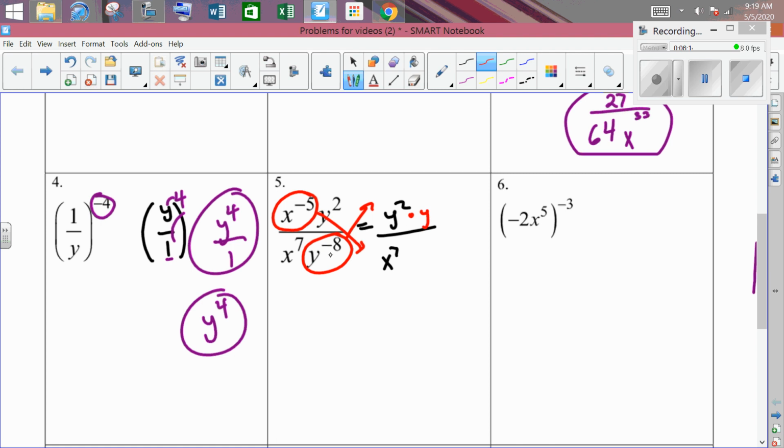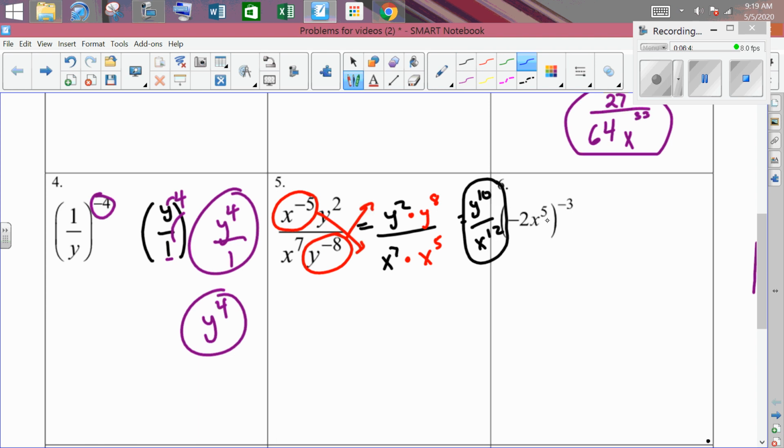So y to the negative 8th, that comes up, rewrite it as positive. Same thing with the x to the negative 5th. Now it's down to the denominator, write it as positive. Alright, and then to finish, monomial times a monomial, add the exponents, same thing in the bottom. So you get y to the 10th over x to the 12th.